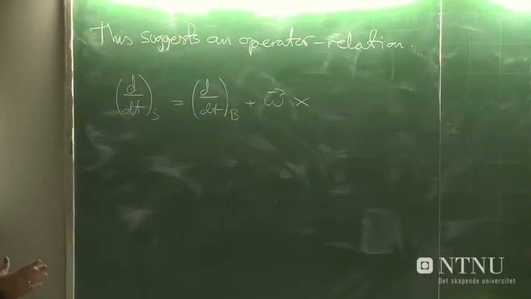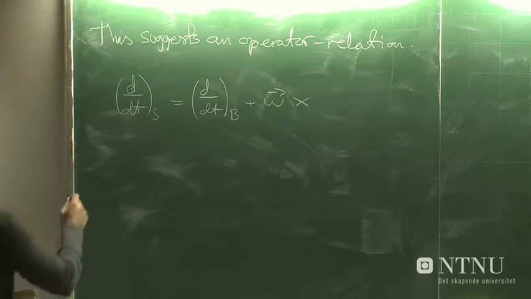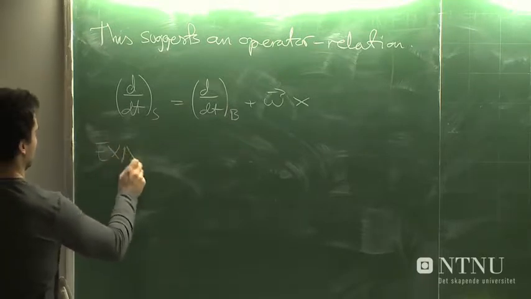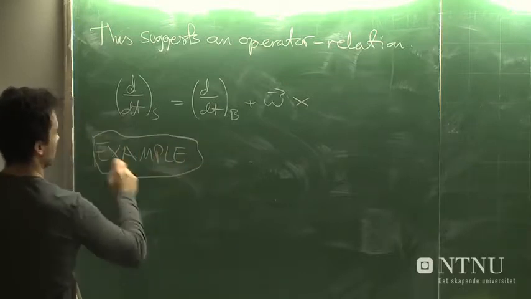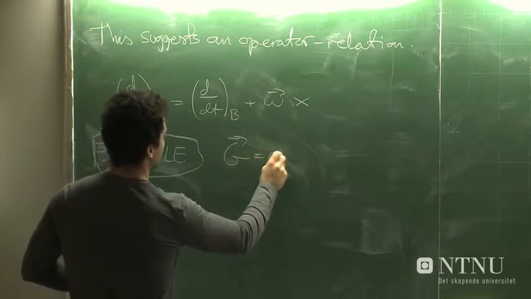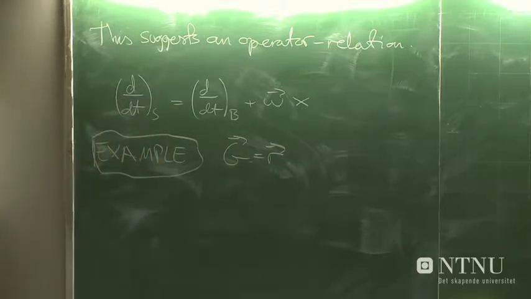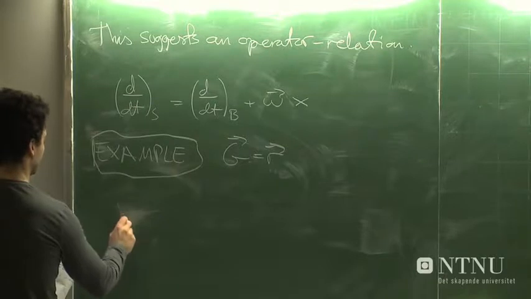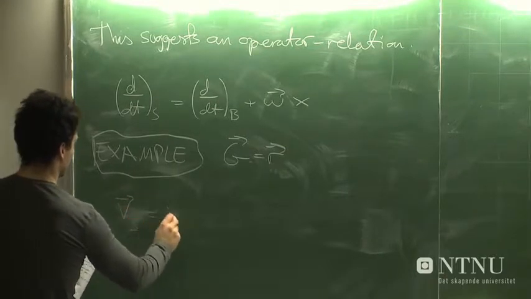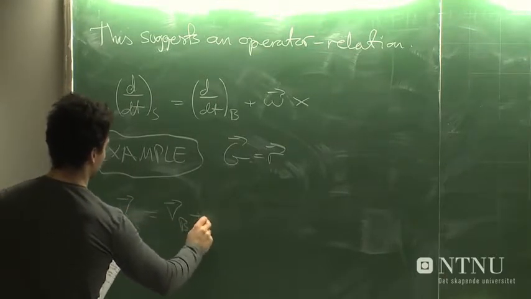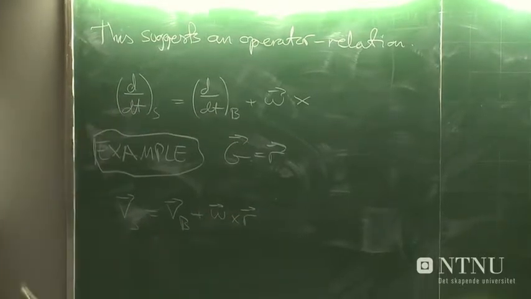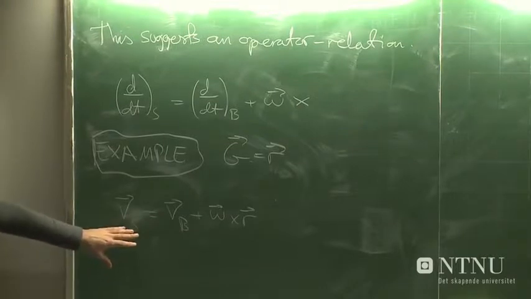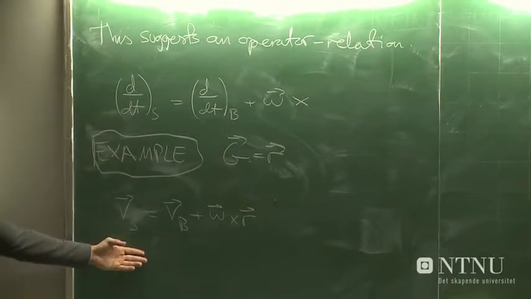So one specific and important example of how we may use this operator relation is to consider the position vector, in which case this operator relation provides us with the following equation.